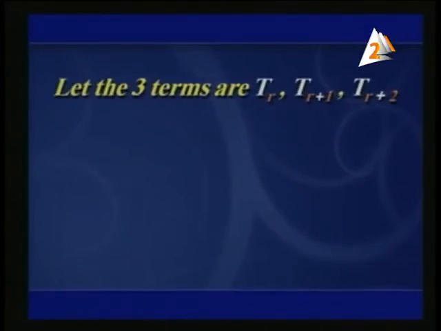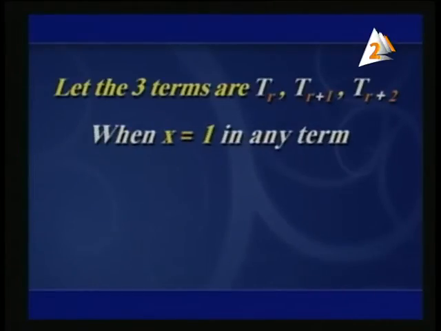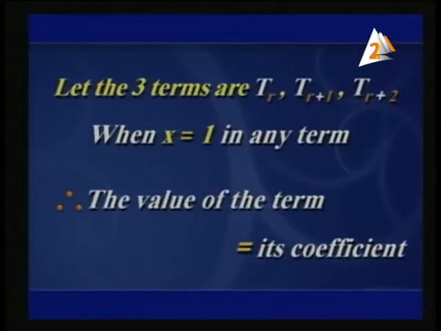Solution. Let the three terms be T r, T r plus 1, and T r plus 2. When x equals 1 in any term, the value of the term equals its coefficient.